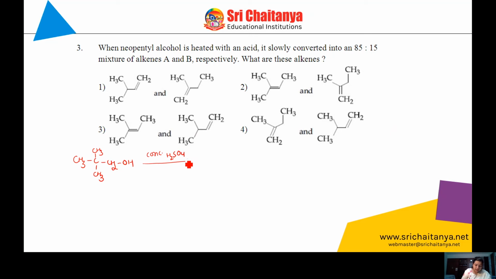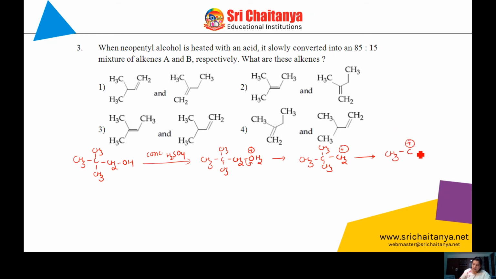So let me exemplify with concentrated H2SO4. If I use it, definitely a carbocation is formed, CH3CH2OH2 plus. Then this goes on, and we'll have CH3C(CH3)CH3CH2 positive.